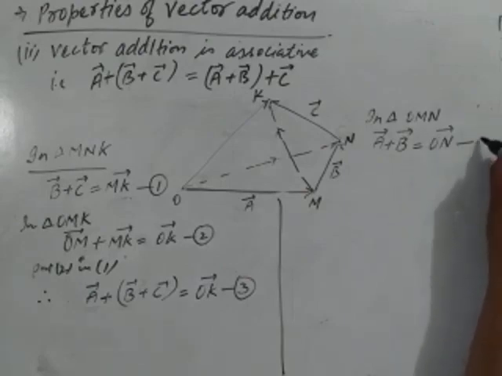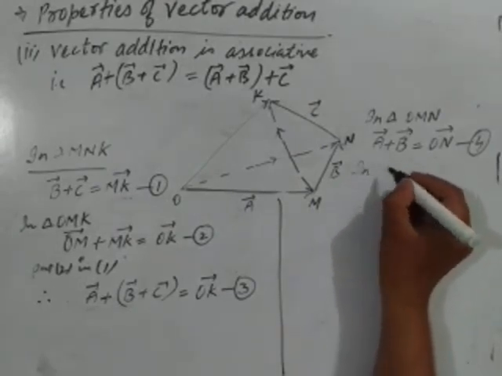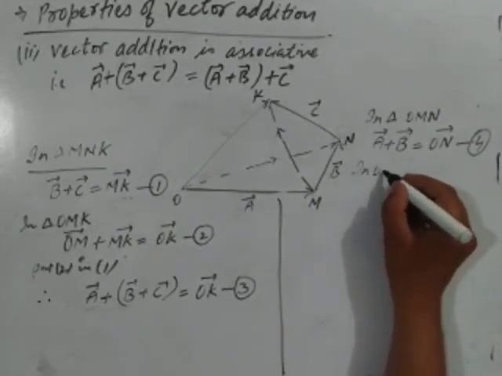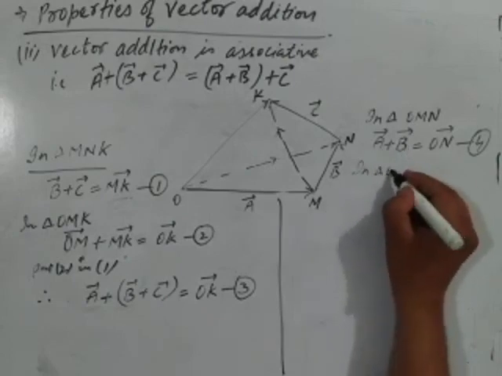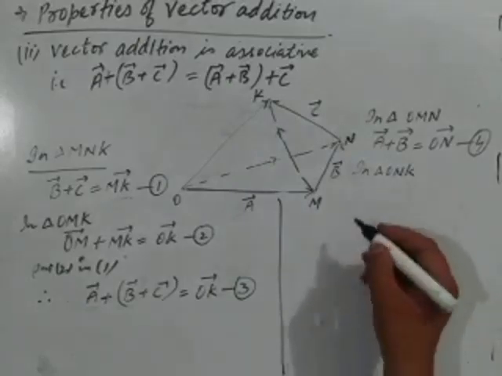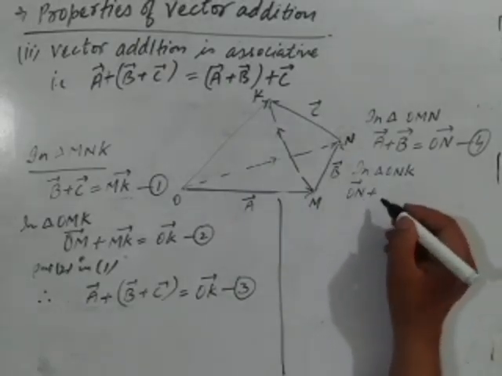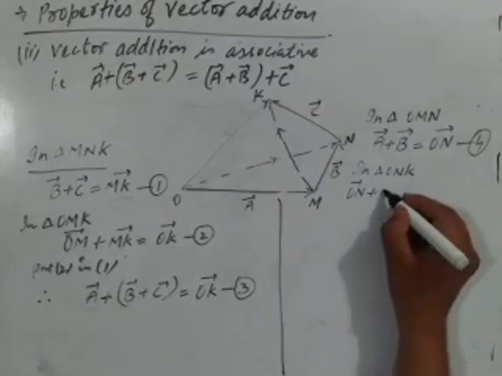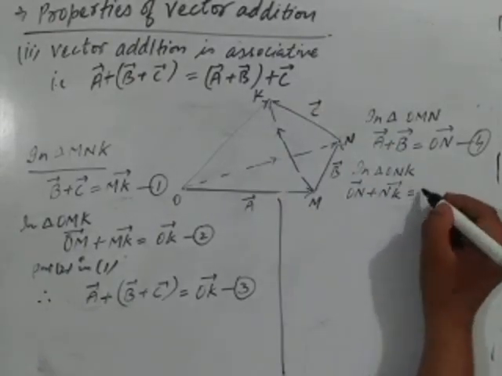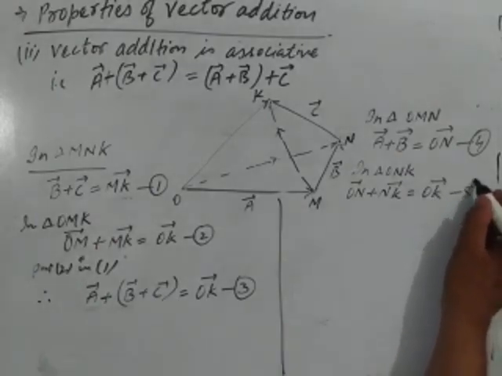Equation number 4. Now take another triangle, triangle ONK. ON vector plus NK vector equal to OK vector. This is equation number 5.